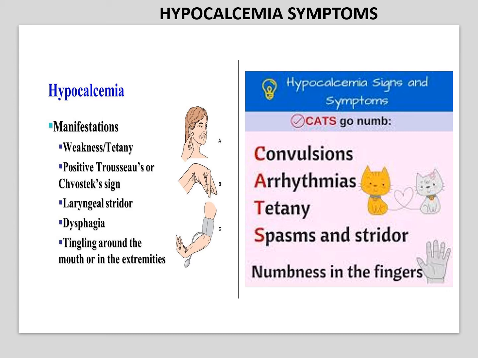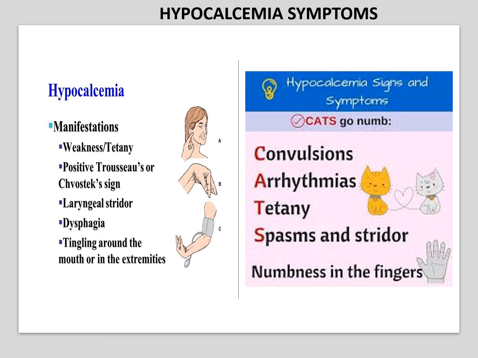Laryngeal stridor, that can have issues with swallowing and voice, because that's what your larynx does. And that is, again, muscles and nerves in the larynx. Dysphagia, difficulty swallowing, again, because you need the nervous system and the muscles of the esophagus to swallow properly.